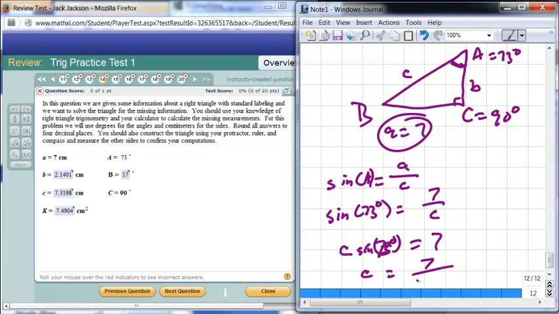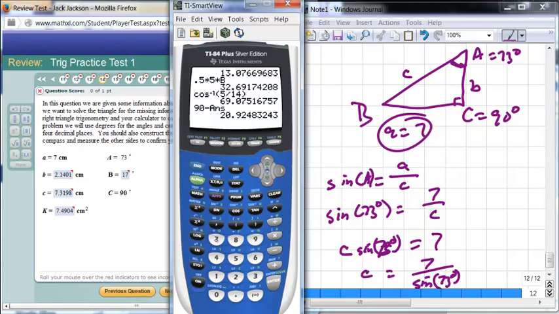C is 7 over sine of 73 degrees. And we want a decimal approximation, so let's do this. 7 divided by sine of 73. I'm in degree mode, so I don't have to put the degree symbol. And we get 7.3198, which is what's there. I don't need C for the next part, but if I wanted to, I could go ahead and store that.